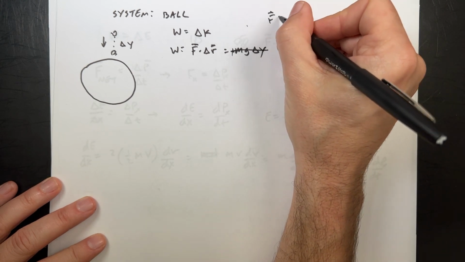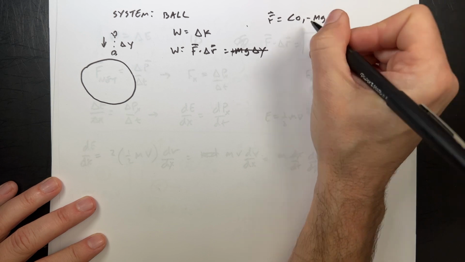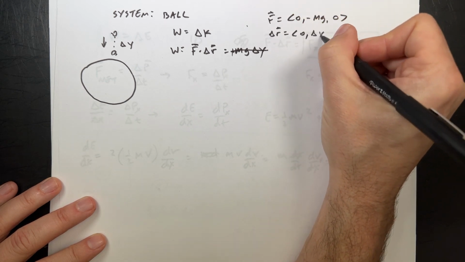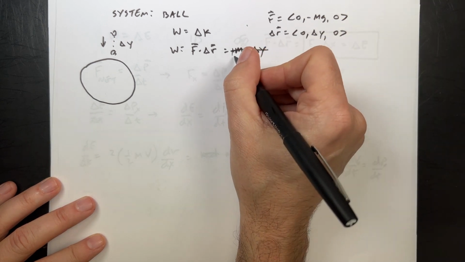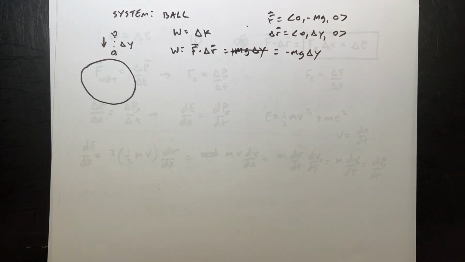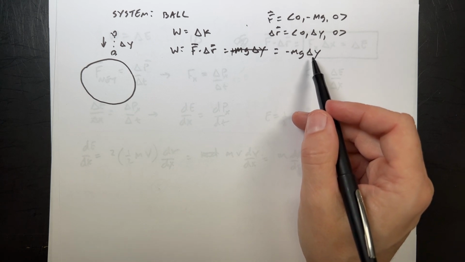So F is equal to 0, negative mg, 0, delta r is 0, delta y, 0. Yeah, so it's negative. Okay, negative mg delta y. And so we can say that the kinetic energy change could be negative, right? And the kinetic energy of the ball could increase or decrease depending on the value of delta y.